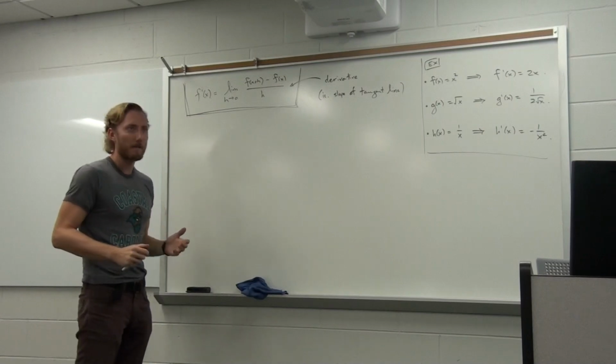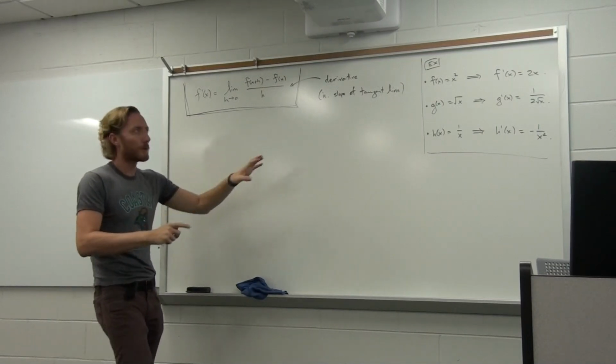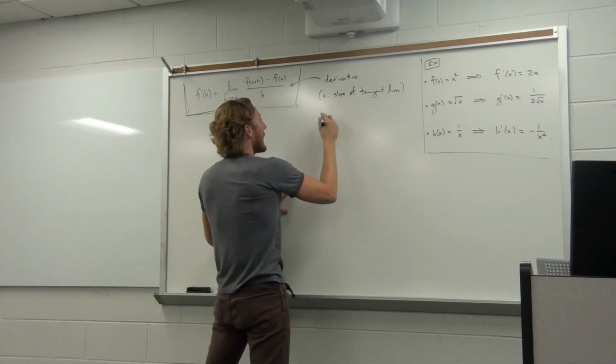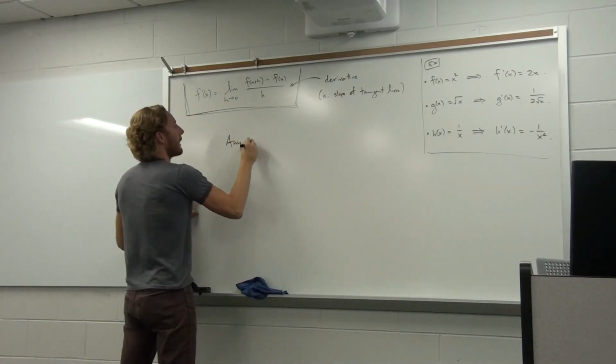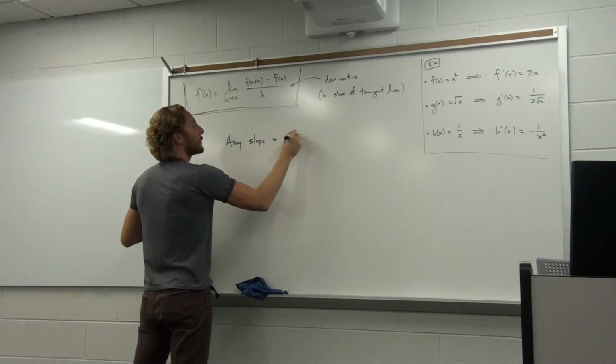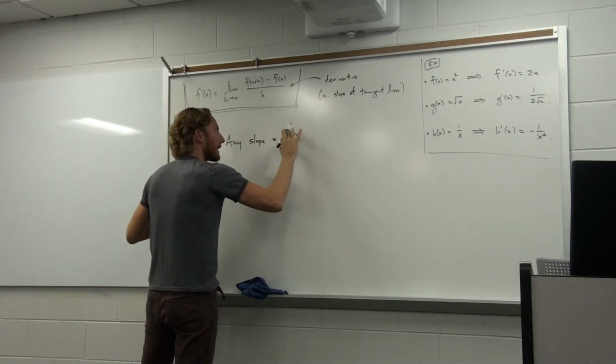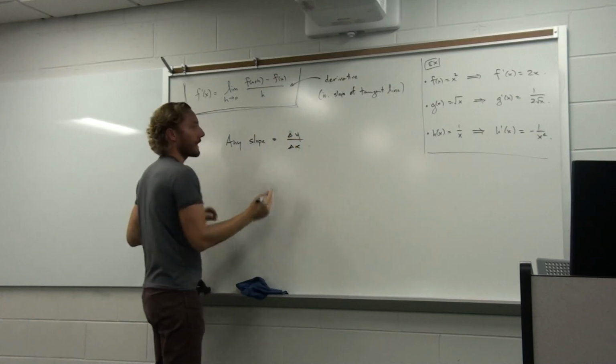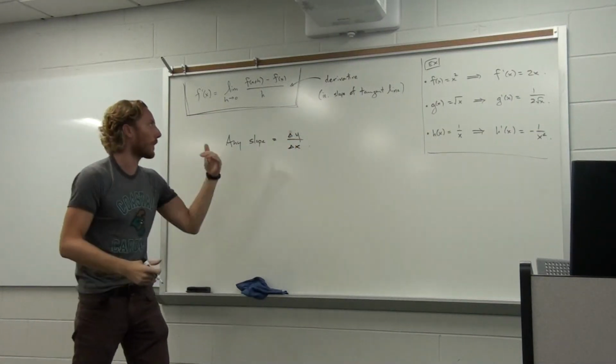But here's the thing. You know that a derivative is the slope of the tangent line, and you know, in fact, that any slope you could say is an expression of some change in y over some change in x, right? I mean, that's just good old-fashioned slope, rise over run.